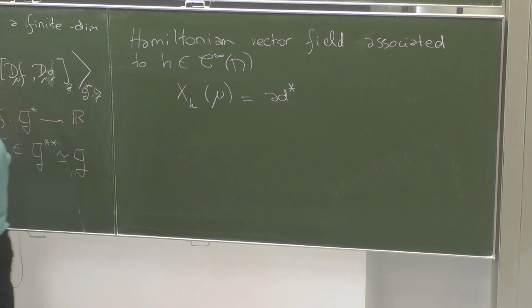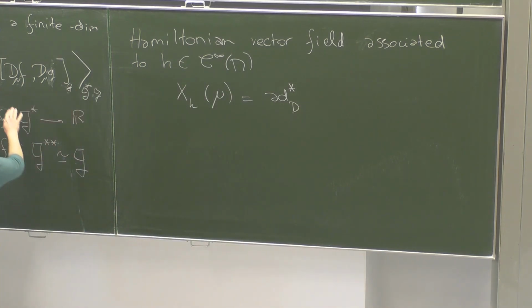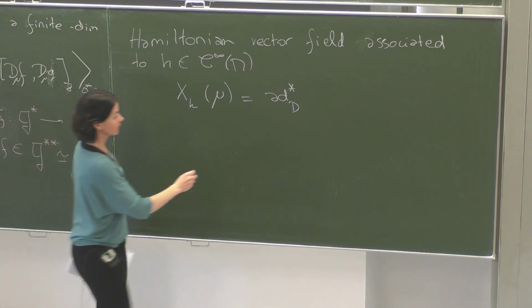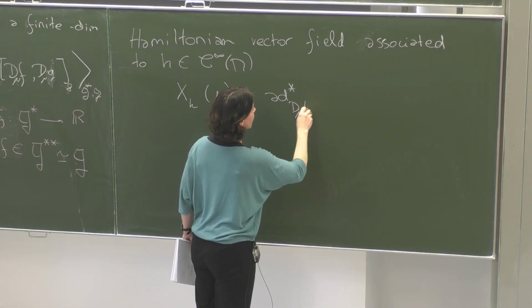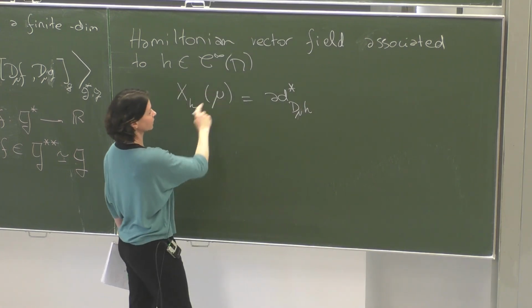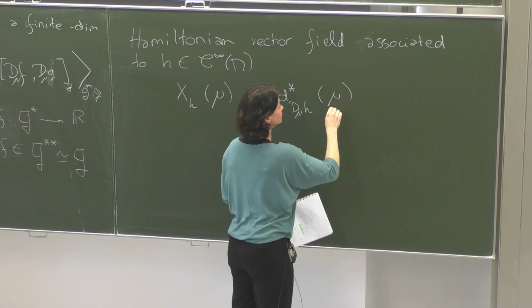You can see it here. If we look at how a function acts on other functions, well, it acts through its differential by coadjoint action on the G star. So we have the differential of the function at a point mu, this one, and it acts on the covector mu.